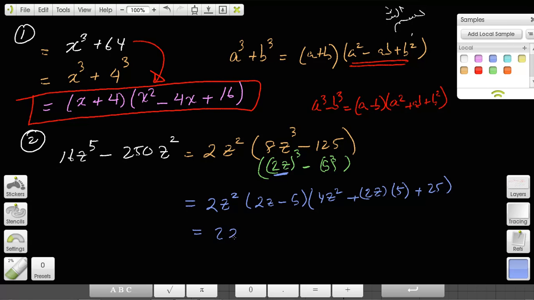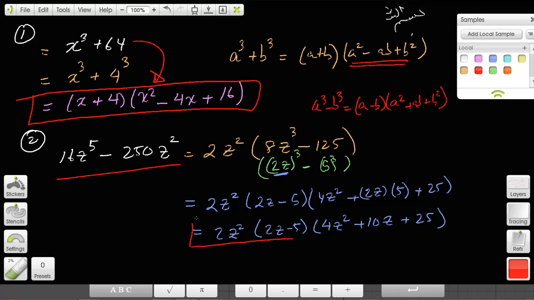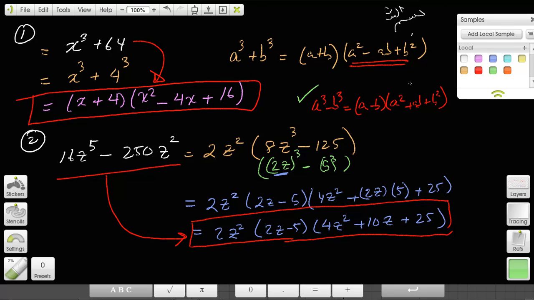So you have 2z squared times 2z minus 5 times the quantity 4z squared plus 10z plus 25. Okay, so this expression factors out to this. So that's the difference of two cubes, and this is the sum of two cubes.